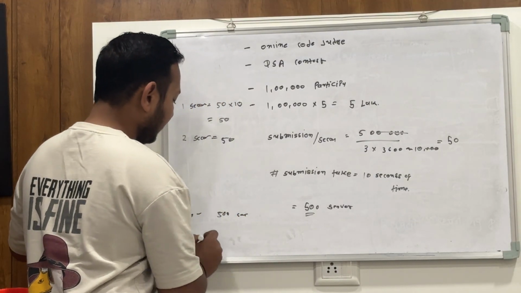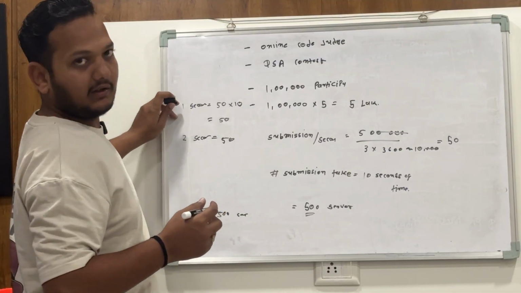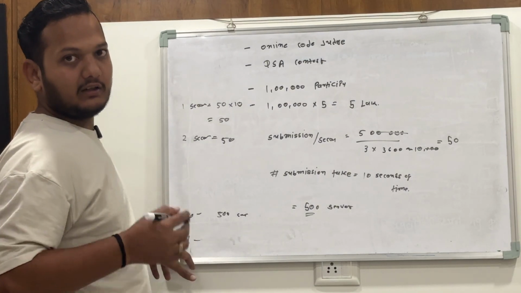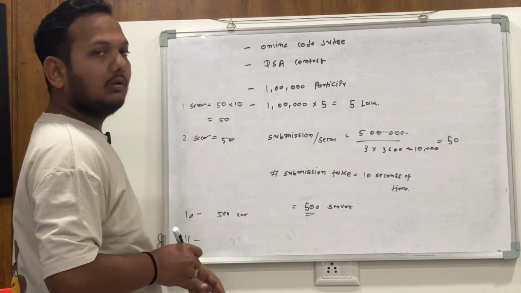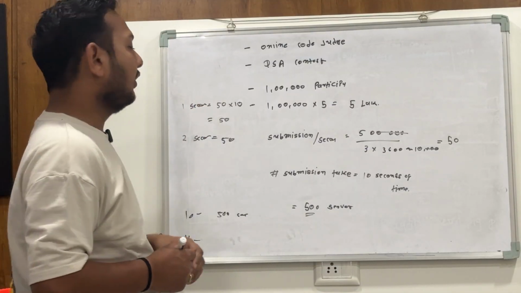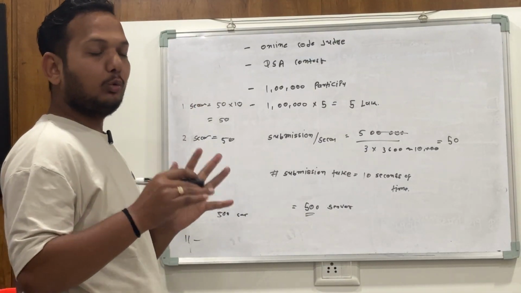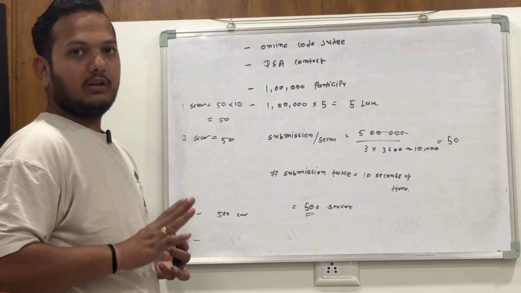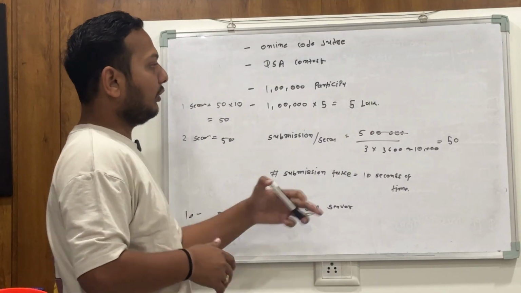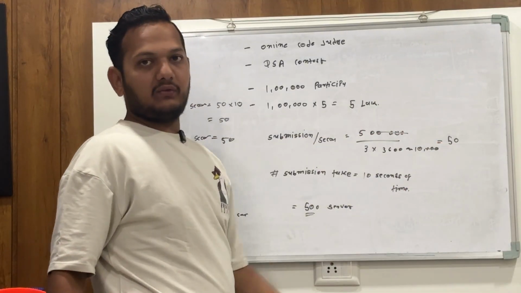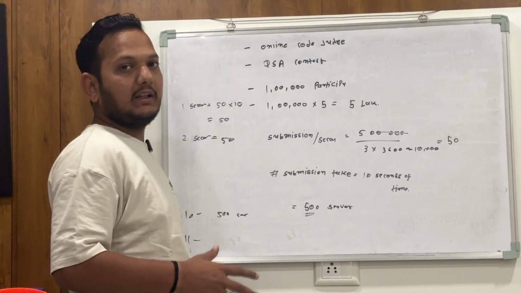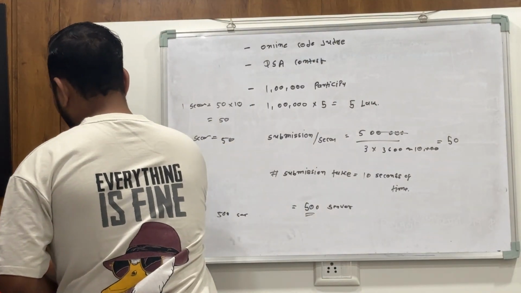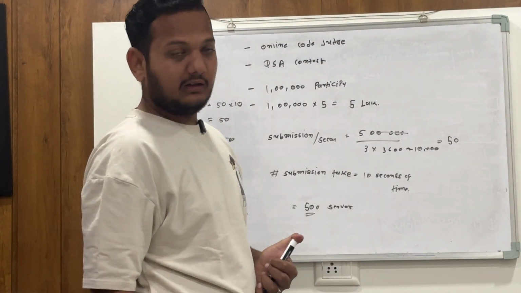Then at the 11th second, the servers occupied in the first second will be released because 10 seconds have elapsed, so the existing servers will be reused. So in total we have to put 500 servers to support the online code judge software, right? Until now we are clear. So every second there are 50 submissions we have to support, and for that we need 500 app servers, right?